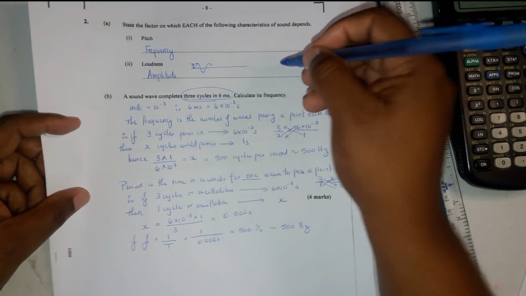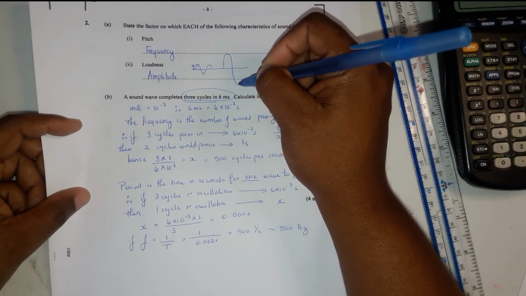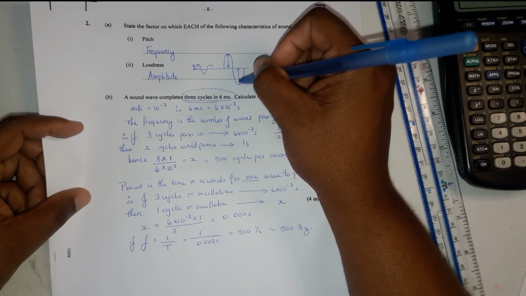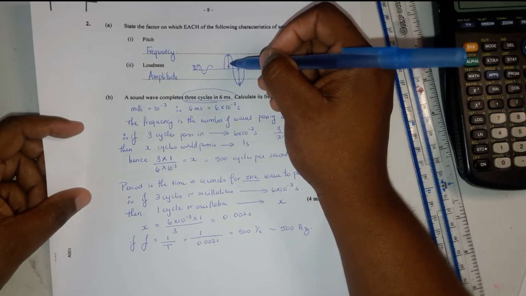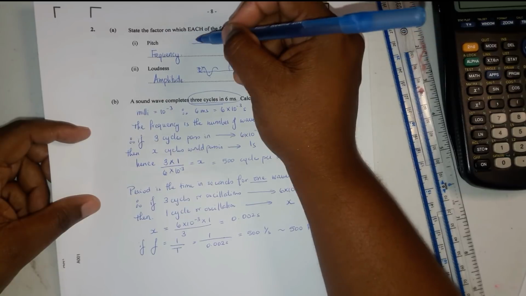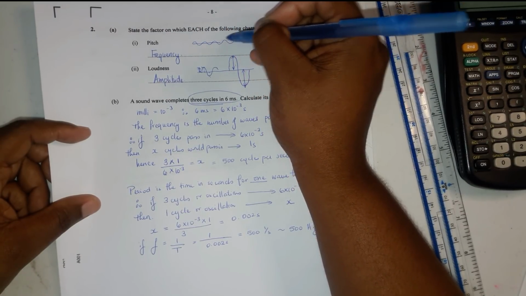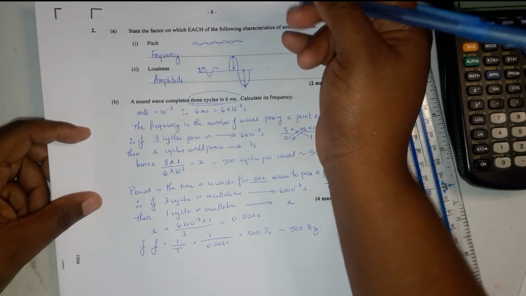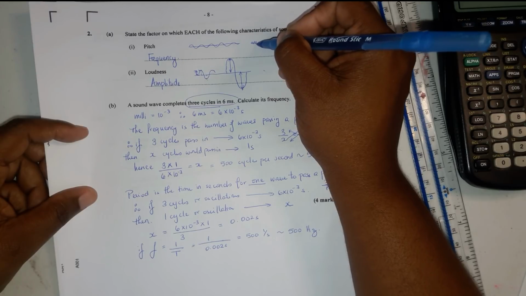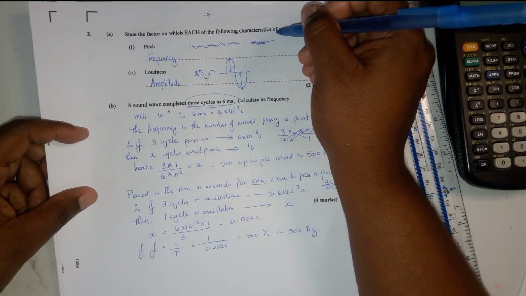So this would give you a soft sound as opposed to something like this. This will give you a louder sound. Pitch, if you have it like this, will give you a soft, low sound, whereas this, at the same amplitude, will give you a soft, high sound.